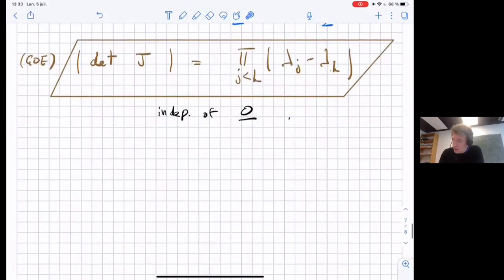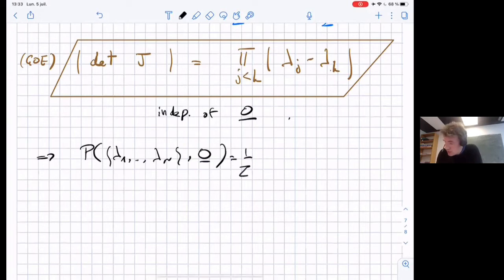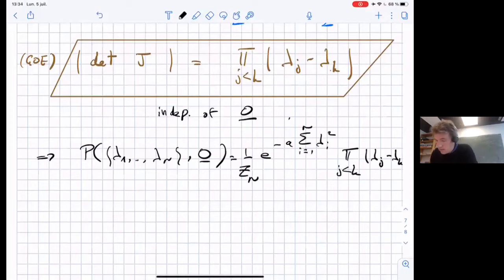That means that the joint distribution of the lambda i's and the O's, so the eigenvectors essentially, is just 1 over Z_n, some constant, and then I get this product here.